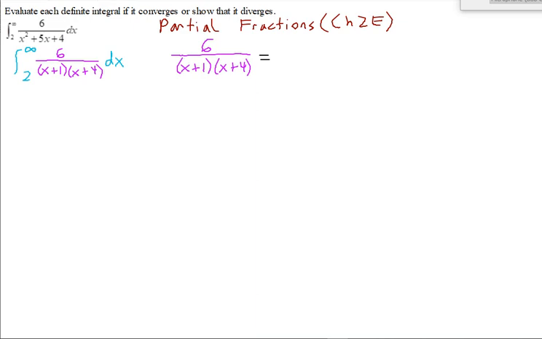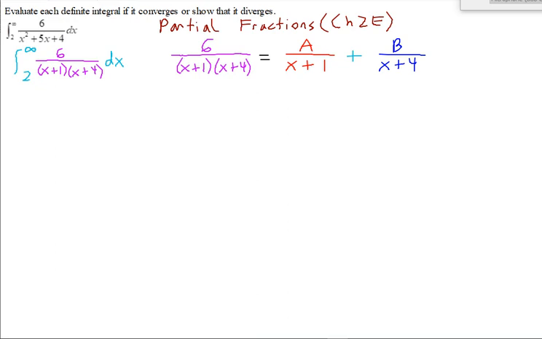So one of them is, you can just call it a over x plus 1, doesn't matter which one goes first, plus the other one, b over x plus 4. And then we try to solve for what these constants a and b are going to equal.